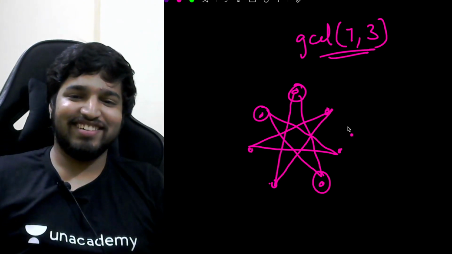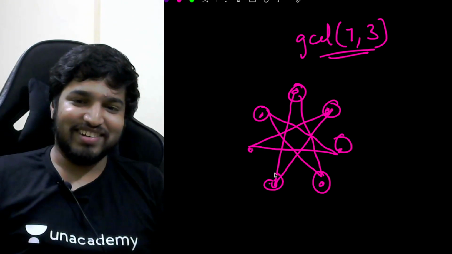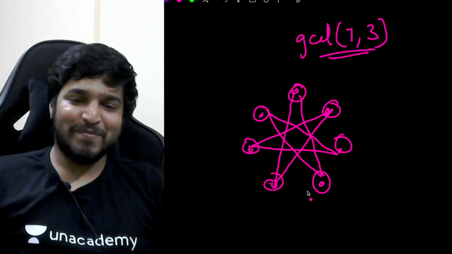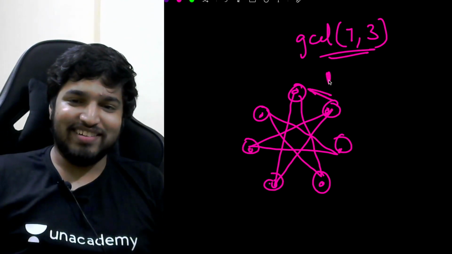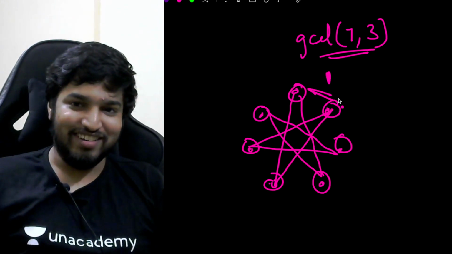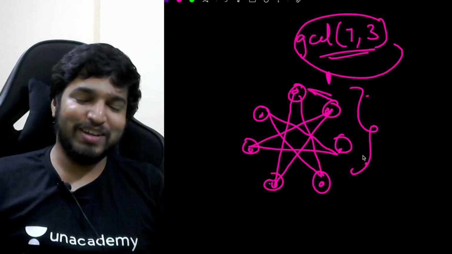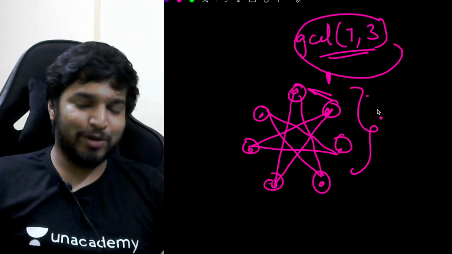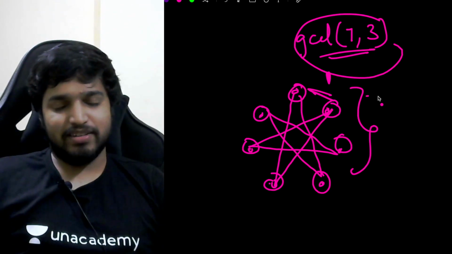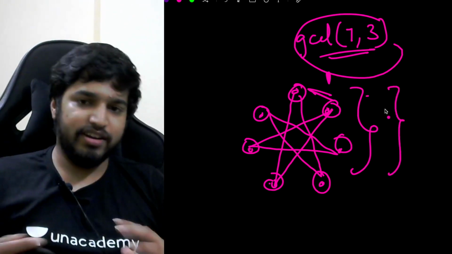Did you see that? All points were marked, and the gap is just 1. We got the GCD of 1. So this is a cool interpretation of GCD. You can visualize GCD this way. It can be useful in some problems.